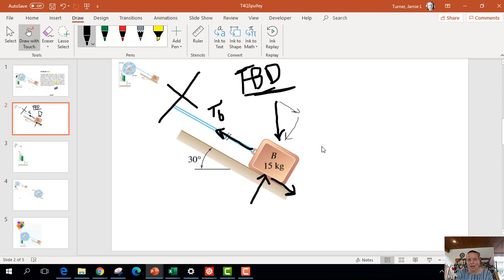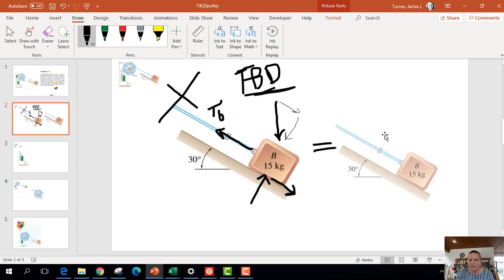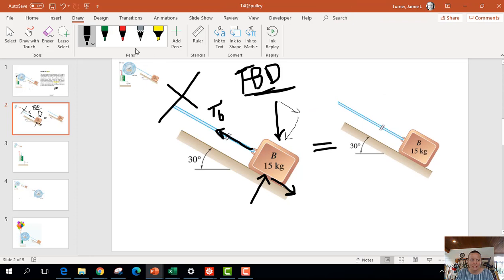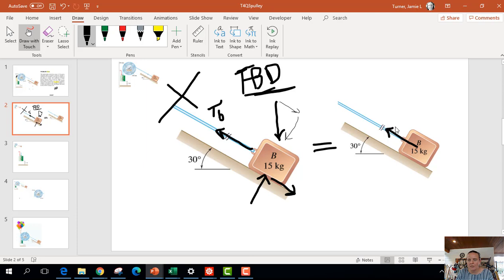Okay, so here's our free body diagram, and then this is going to add together, not to zero, it's not statics anymore, right? But this is going to add together to how the thing is moving. And the motion, you always attach that at the center of gravity. And in this case, it's not moving normal to the plane, it's just moving in this direction. We don't have to worry about I alpha.